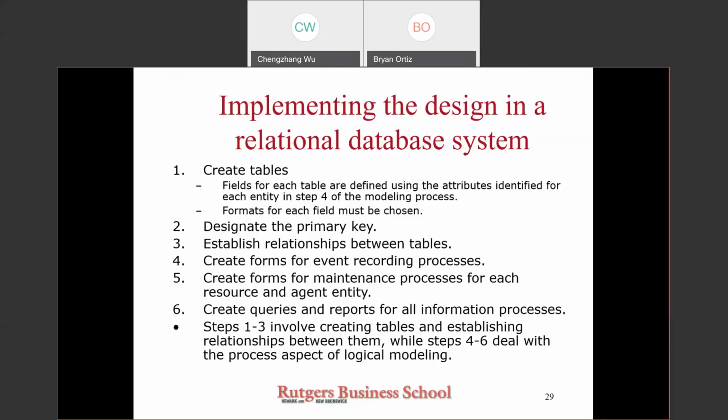Step 2 is to designate the primary key. In each table, the unique identifier of records in the table must be designated as the primary key. As I introduced in the previous classes, a table must have a primary key in order to uniquely identify one record.